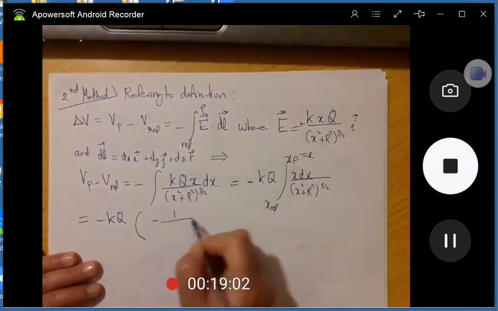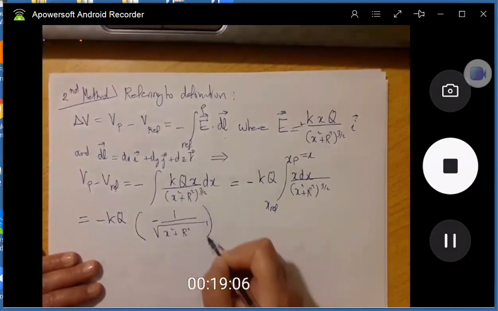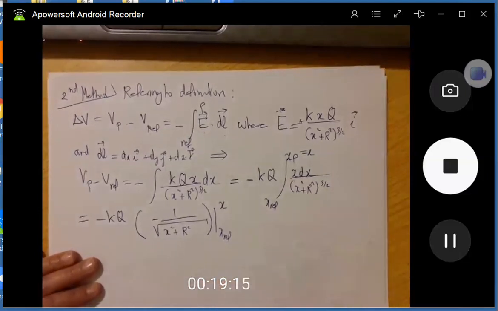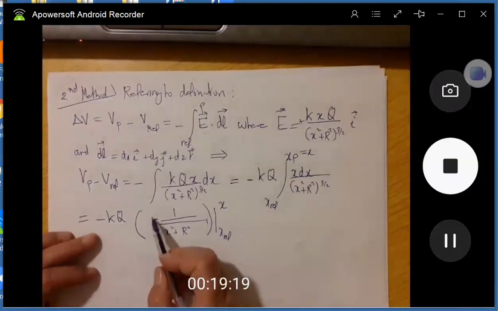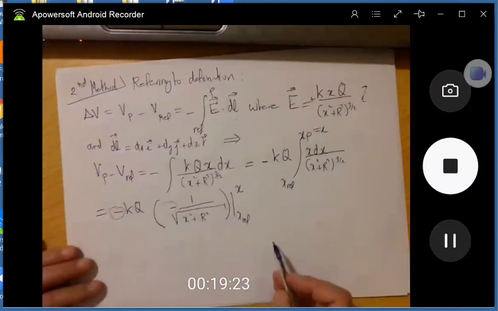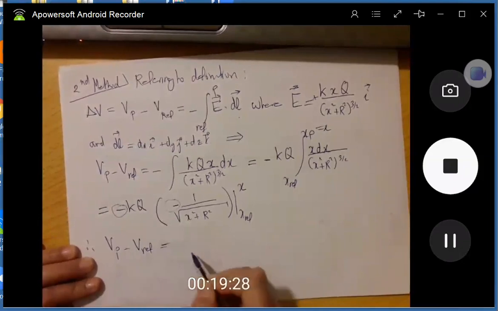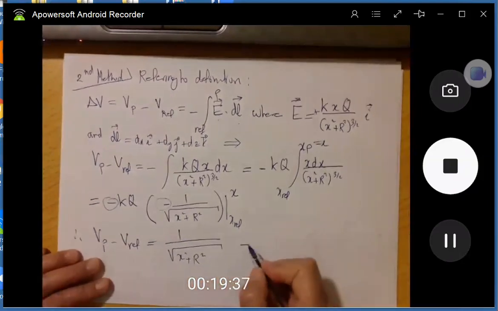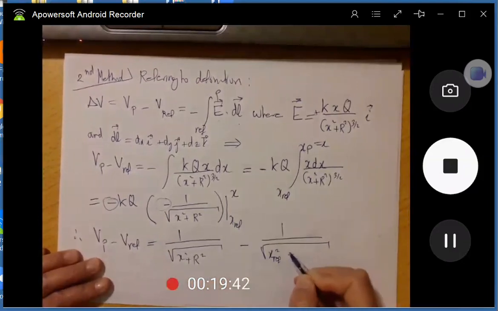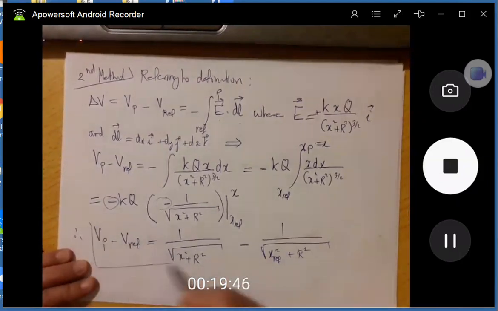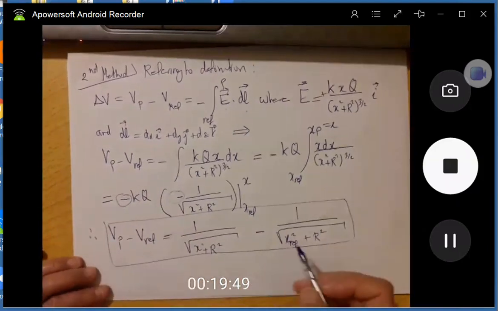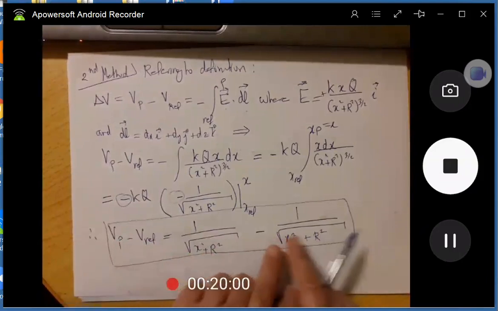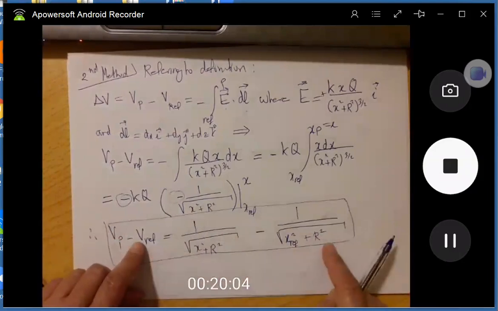So kQ times minus 1 over the radical of x squared plus r squared, from x reference up to x of P. Substituting the values, this minus and this minus cancel. Therefore V of P minus V reference is equal to 1 over the radical of x squared plus r squared minus 1 over the radical of x reference squared plus r squared. This is the answer we have. Tell me, if you compare the left side and the right side, here is something minus another thing and here is something minus another thing. So VP matches here and V reference matches here.